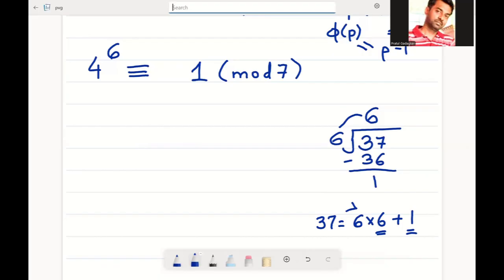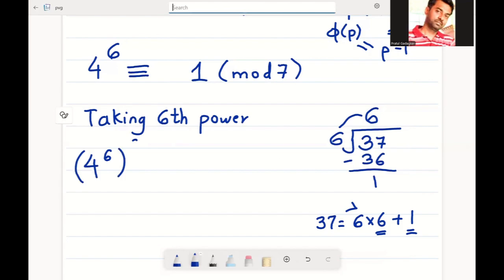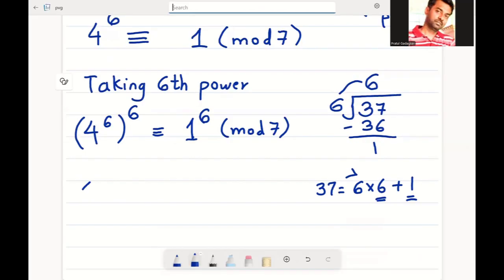So taking the 6th power on both sides, I will reach 4 raised to 6 raised to 6 is congruent to 1 raised to 6 modulo 7. Now 4 raised to 6 raised to 6 will become 4 raised to 36.